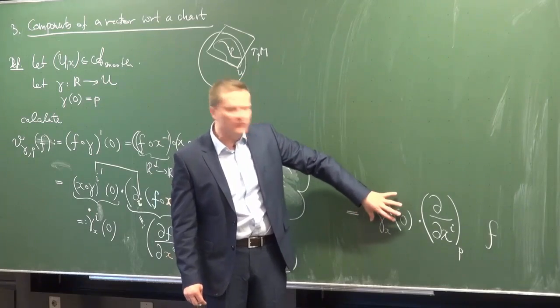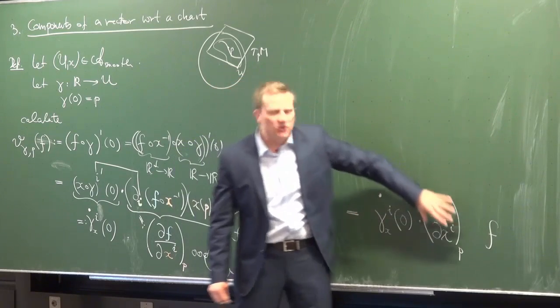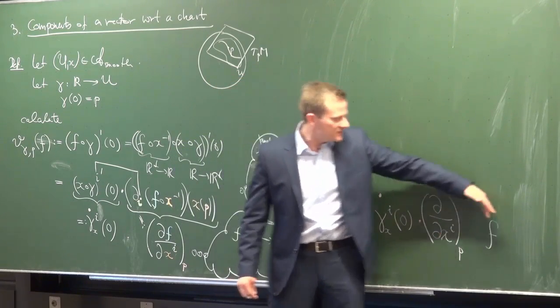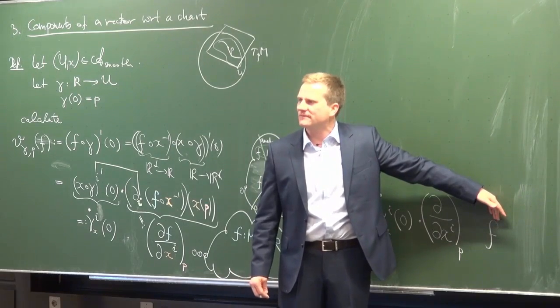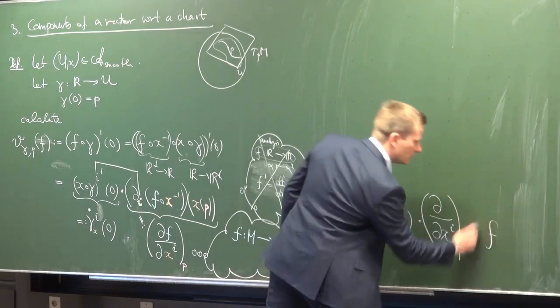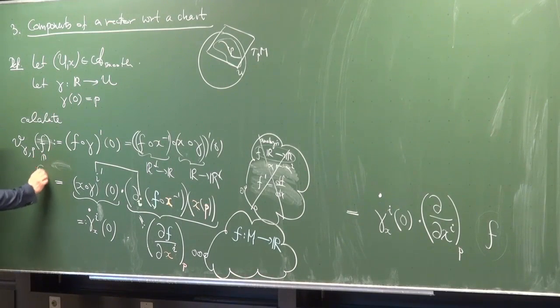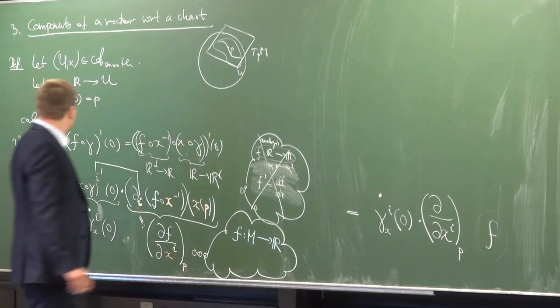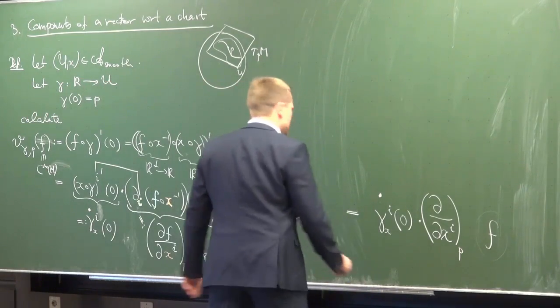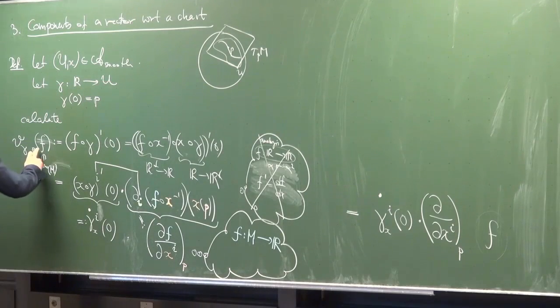You have a notion of components of a vector, you dot them into partial derivatives, and that acts on the function. Only that the function we are dealing with is not a function on the chart. The function here is a smooth function on the manifold. Okay? So, however, we have this, and it's tradition to delete these brackets to say a vector acts on whatever is behind it.